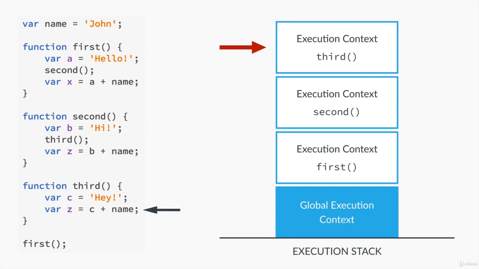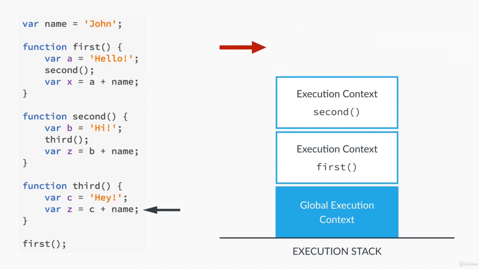So this function has now done all its work, and so we say that the function returns. So what happens to its execution context? It just gets removed from the top of the stack. Very simple. And then the context of the second function, which called the third function, is back to being the active context.